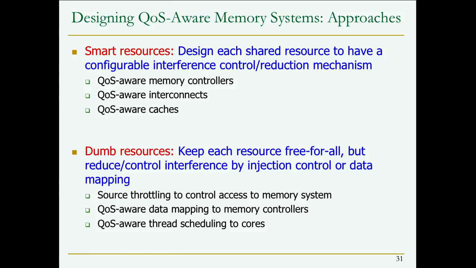Today's routers are not that way, but you could design it that way. That's a dumb resource. But the injection control into the network on the endpoints can be intelligent. You coordinate the injection somehow, again, I don't know how, such that things that require high quality of service get priority in the injection, and they can go through the network relatively quickly.